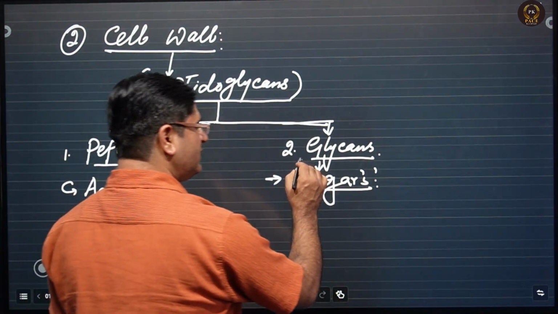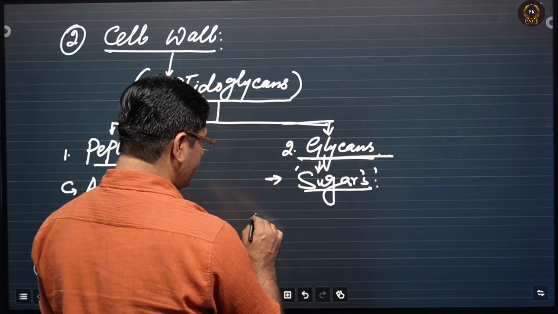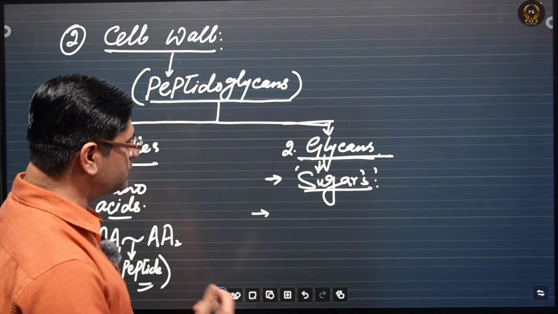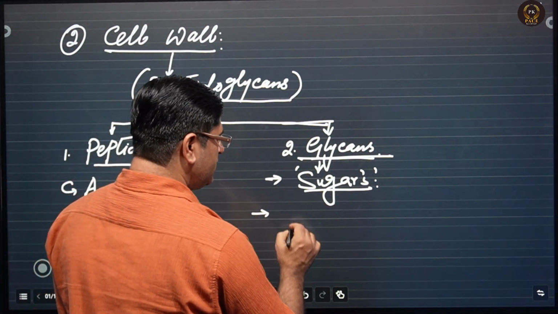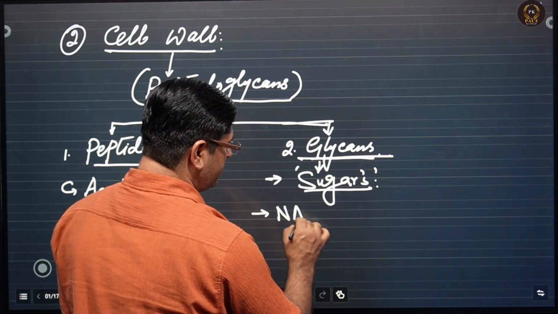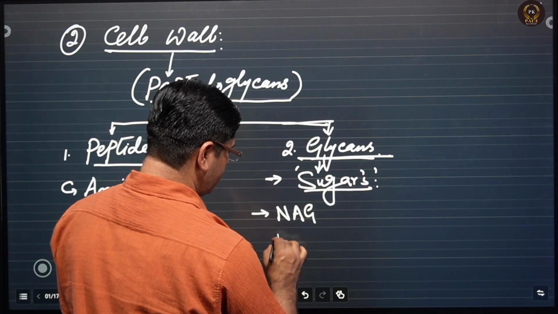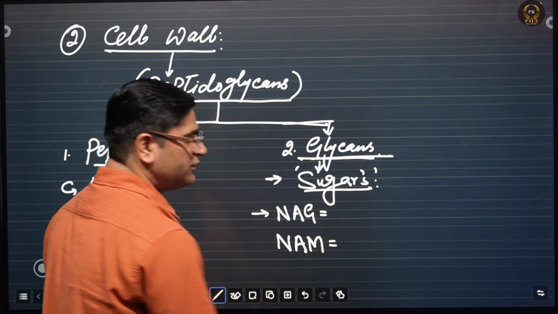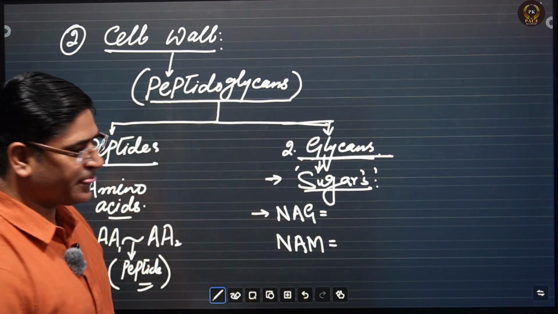In this glycan part, there are two important components made up of sugars. They are known in short form as NAG and NAM.